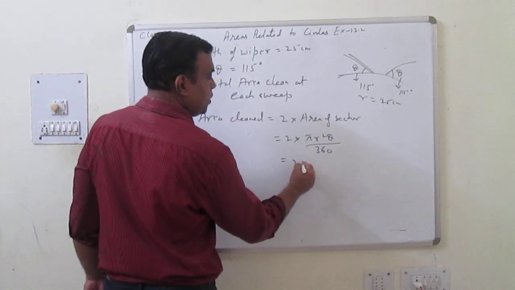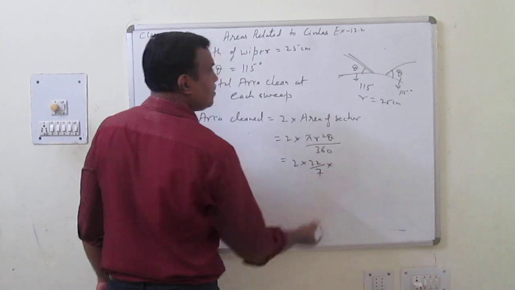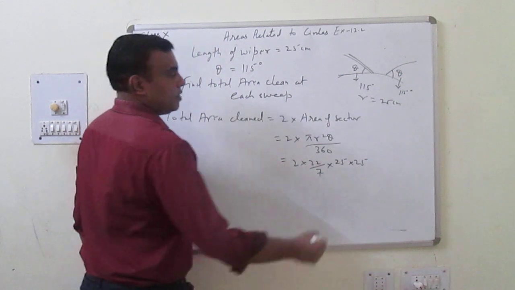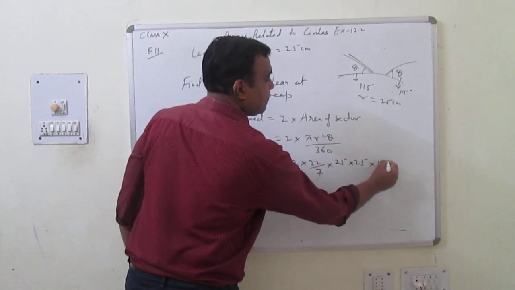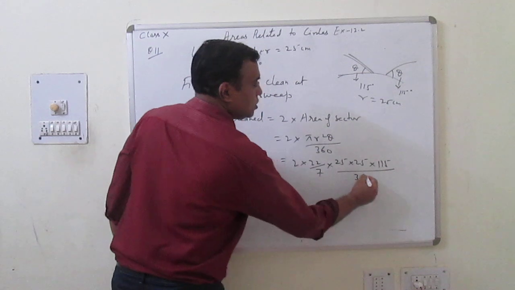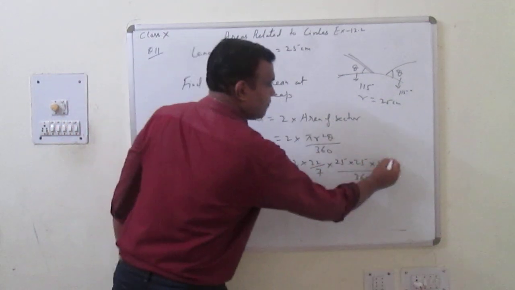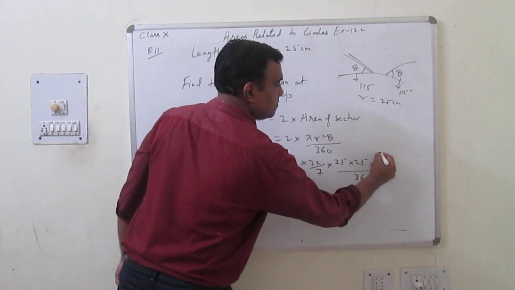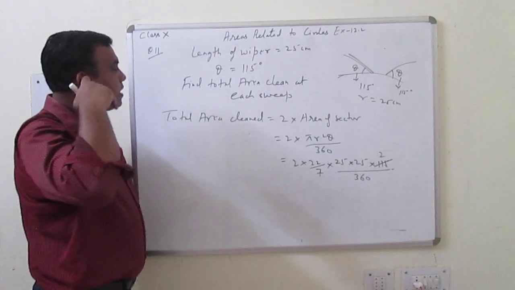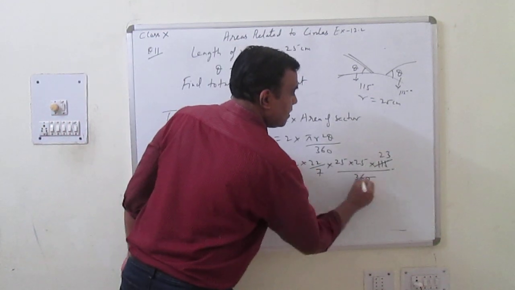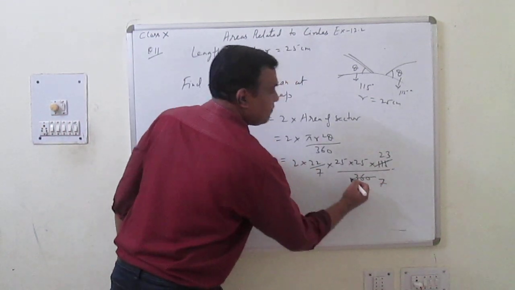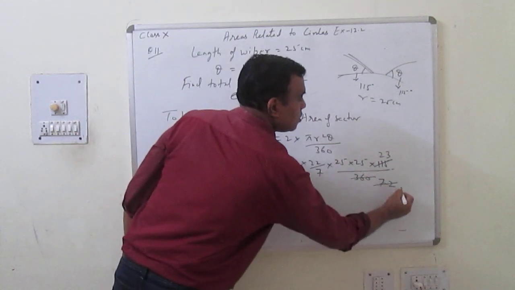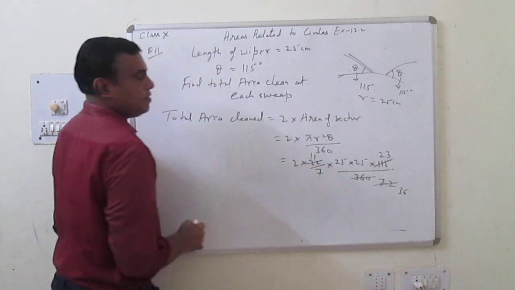This means 2 into 22 upon 7, R is 25 into 25 into theta 115 upon 360. Cut with 5. 5 2s are 10, 5 3s are 15, 5 7s are 35 and 2. Again cut with 2, 36 and 11.